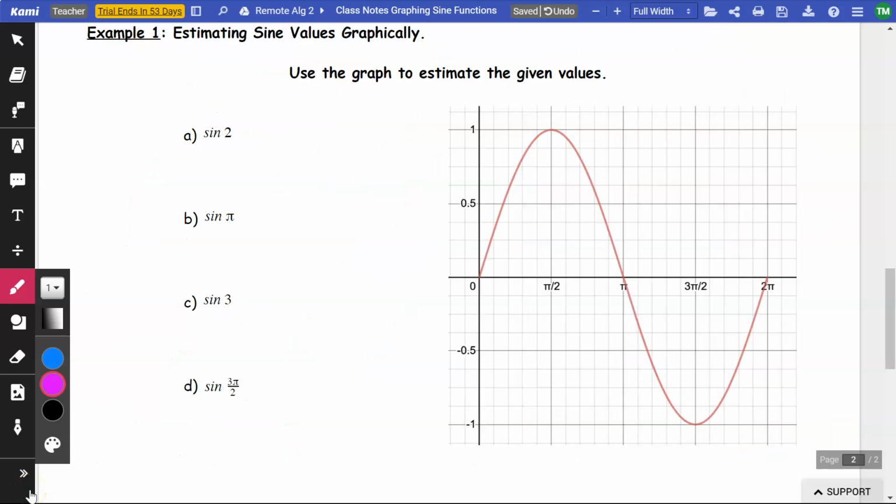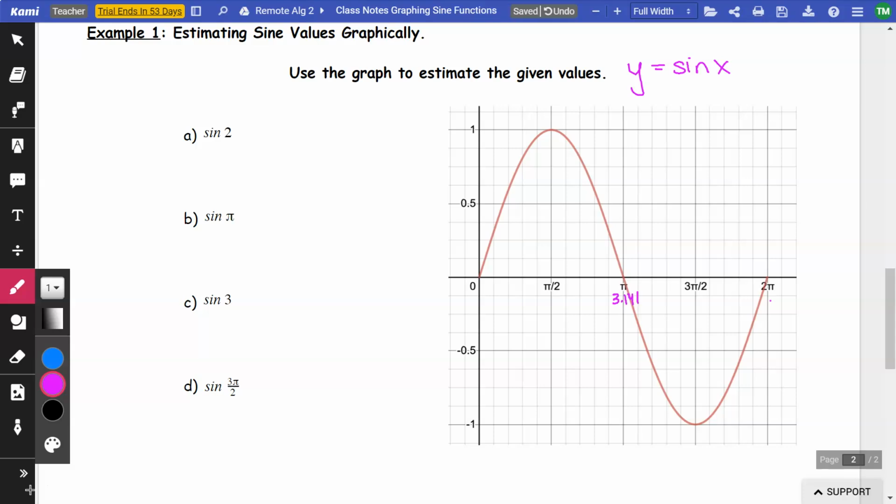This example in our notes is just focused on being able to read the graph y equals the sine of x and finding the sine of an angle measure based on the graph. So if I want to find the sine of 2, where am I going to look? Well, pi, rounded, is 3.141.